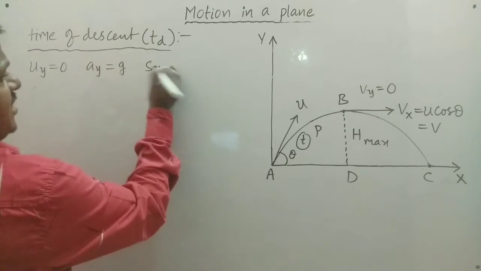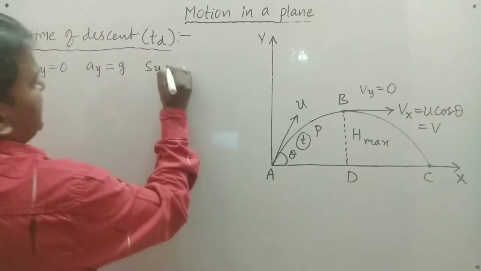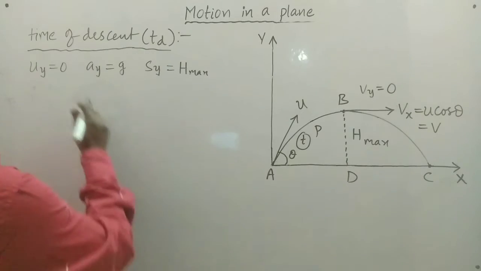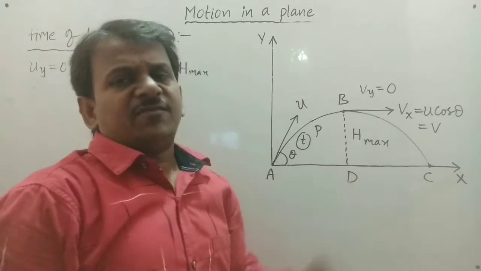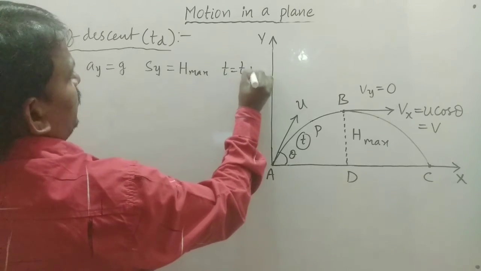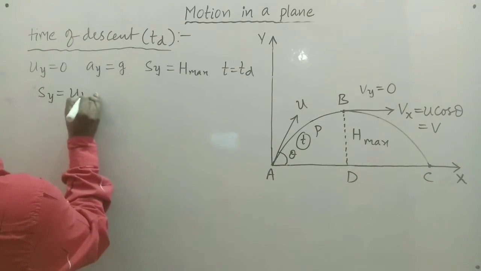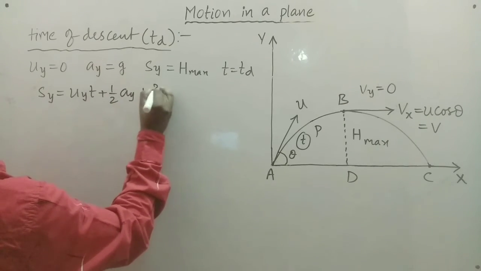Sy is nothing but the maximum height it travels, that is H max, right? Now let us choose the second equation of motion to find the time of descent. Sy is equal to Uy t plus half Ay t square.